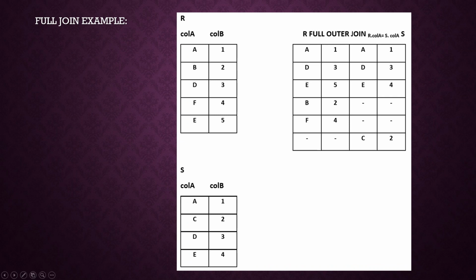After this, leave some space, and the last tuple should include the uncommon elements of S. C2, which is in S and not in R, should be mentioned there properly. Okay, these are about R full outer join S on R dot column A equal to S dot column A, the full join example.